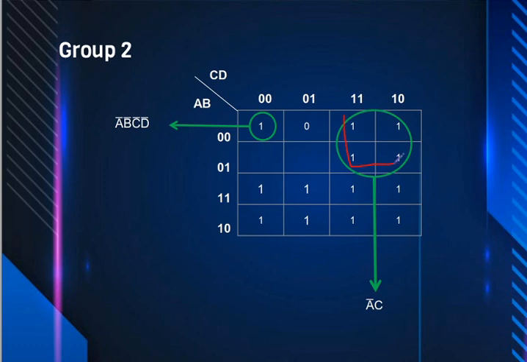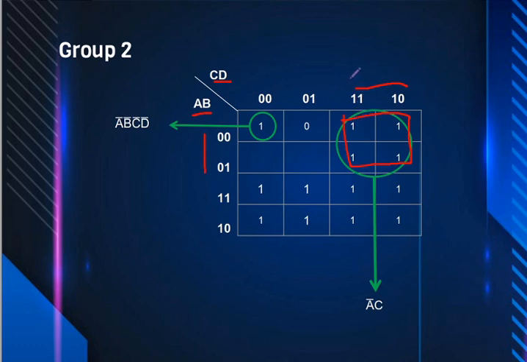Now the second group is this quad. We take this group of 4. Now how will we write the equation for this? When we are grouping, we need to take the common ones. What are the common ones? The A, B and C, D common values. The C, Ds are 1, 1 and 1, 0. The A, Bs are 0, 1 and 0, 0 in this quad grouping.